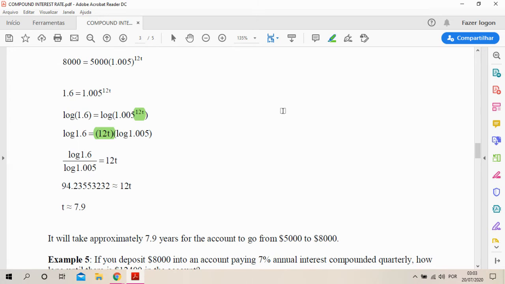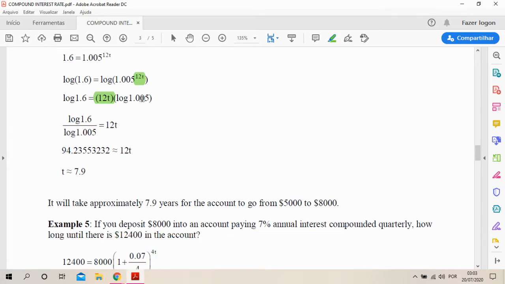And then if we divide the log of 1.6 by the log of 1.005, we get this, okay? And then we find that the time is approximately equal to 7.9.